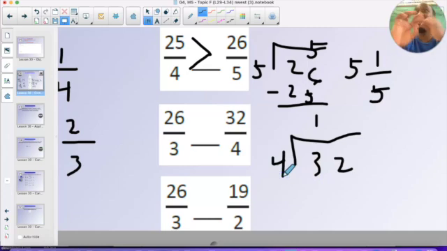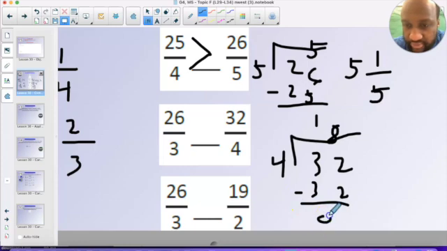So I'm going to count by 4 until I get to 32. 4, 8, 12, 16, 20, 24, 28, 32. So I have 8. 8 times 4 is 32, so I put 32 underneath. And 32 minus 32 equals 0. So that means I have 8 wholes.